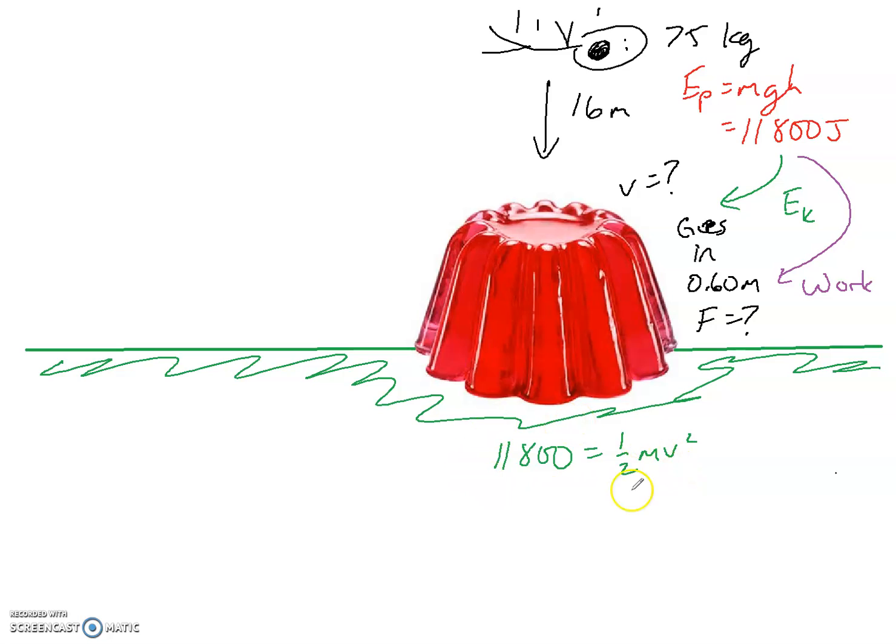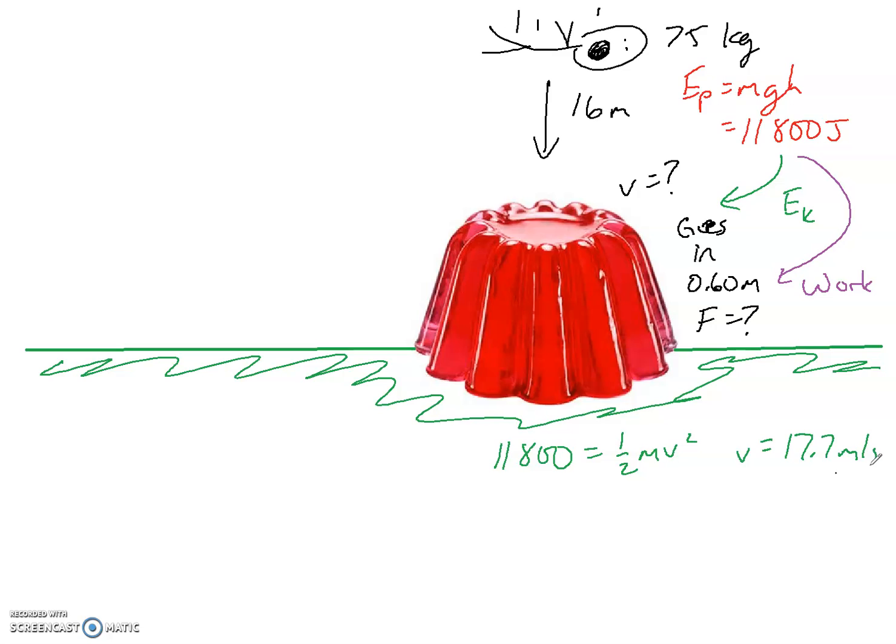Now, if we equate those two, 11,800 is equal to 1/2 mv squared, I can then solve for my v. So I've got my 11,800 joules, I'll times that by 2, then divide by the mass of 75, and then don't forget to square root your answer, and we'll find out he's going around 17.7 meters per second when he hits the jello.